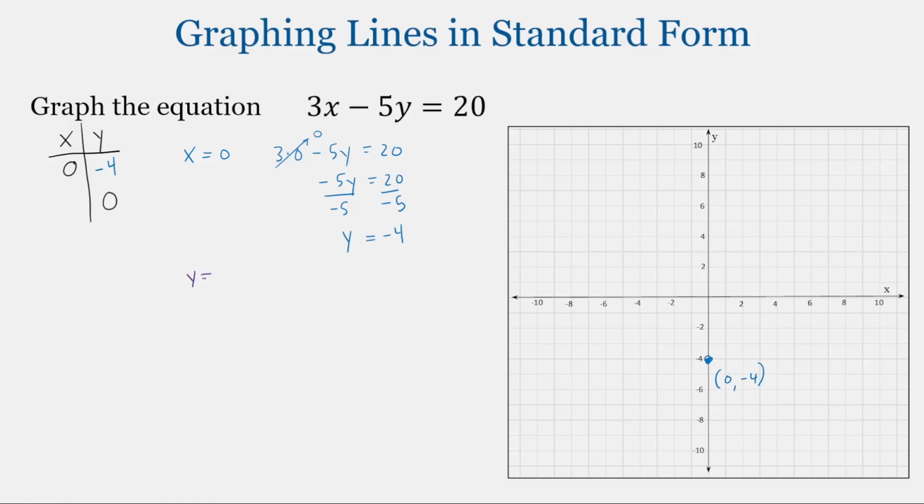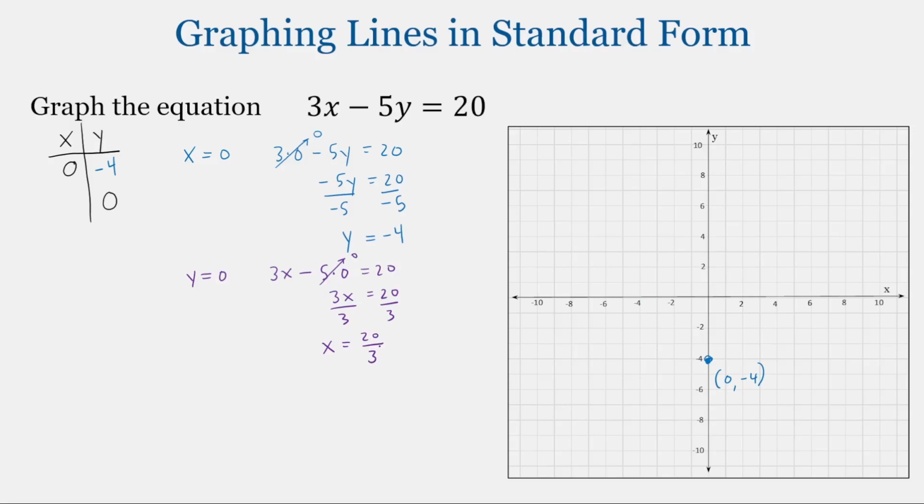Next, we have y equal to 0 to find that x-intercept. So we have 3x minus 5 times 0 equal to 20. This goes to 0. We have 3x equal to 20. Dividing both sides by 3, we end up with x equal to 20/3.